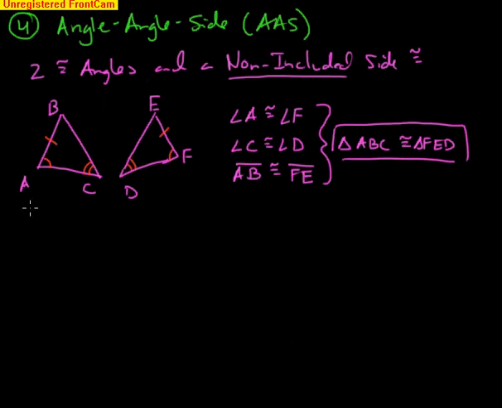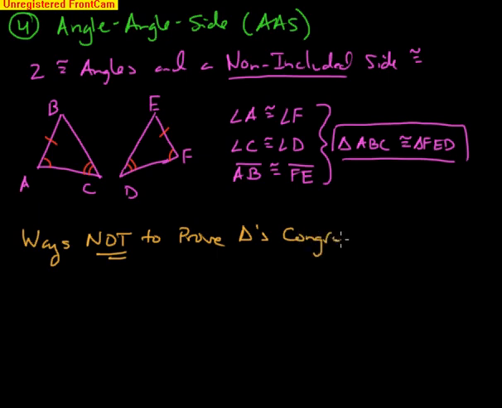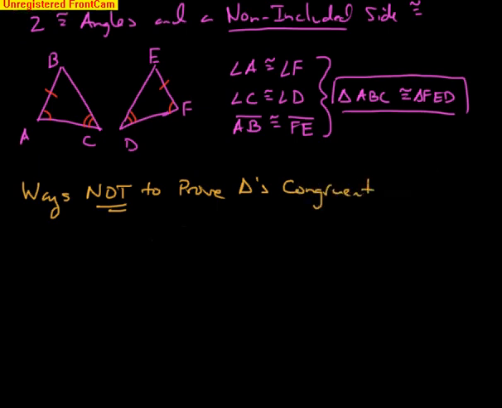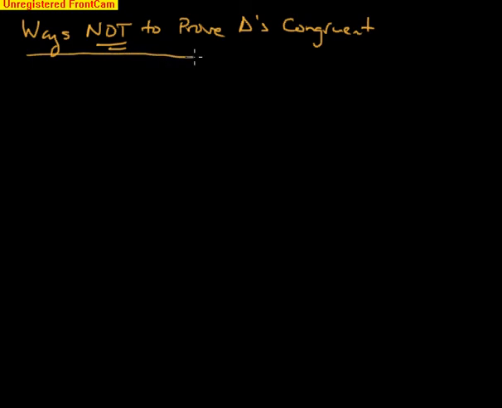Now, ways not to prove triangles congruent. I want to go over these in class on Wednesday, okay? There are two ways, if we think about all the combinations of letters we use. The first one would be angle, angle, angle.